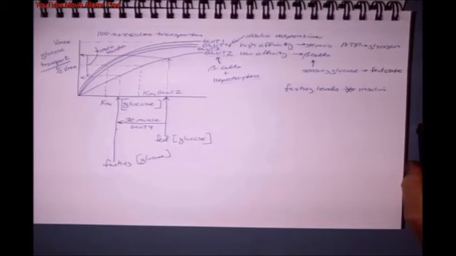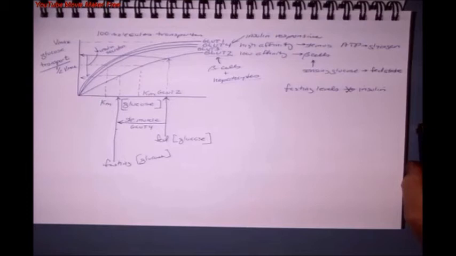So let's say you have 100 molecules of transporter. Down here, if you have 10 molecules of glucose transported, you're not going to be saturating because you got 100 molecules to transport the 10.